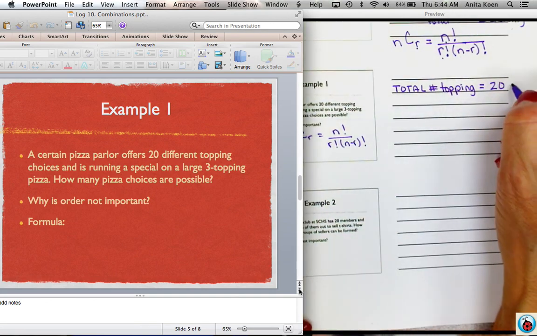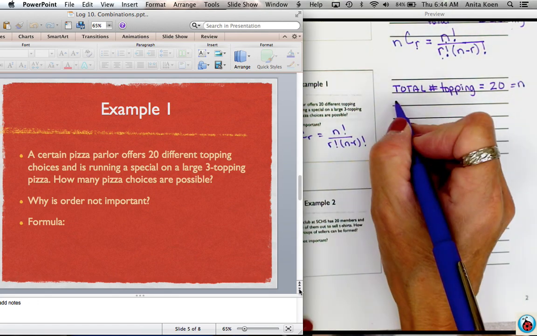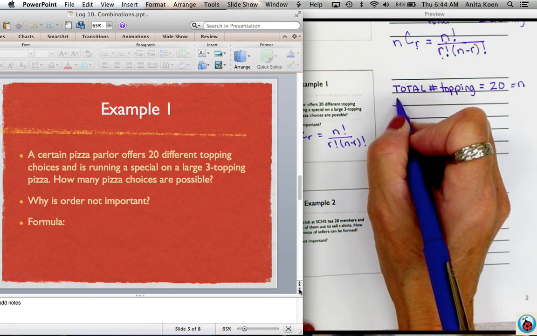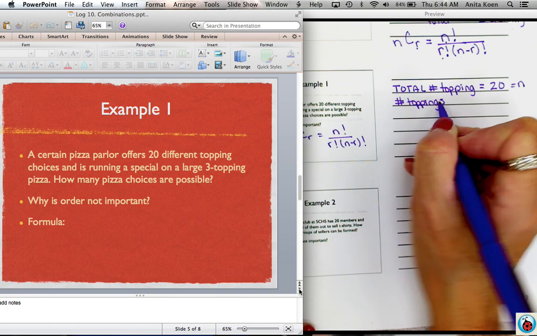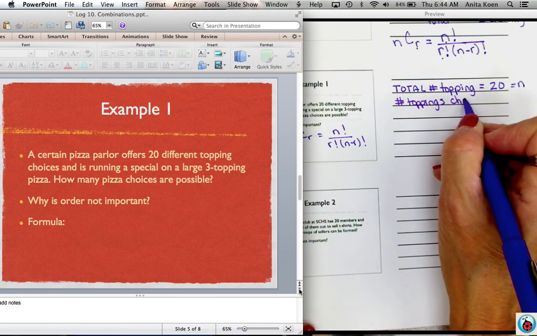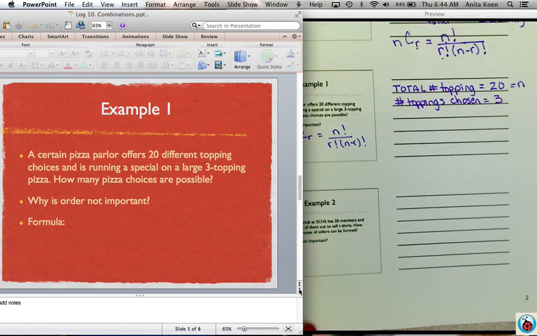This is my n. Then we need to figure out the number of toppings that we're going to choose. The number of toppings chosen is 3 because we're choosing a large 3-topping pizza, because that's what the special is. So that's my R.